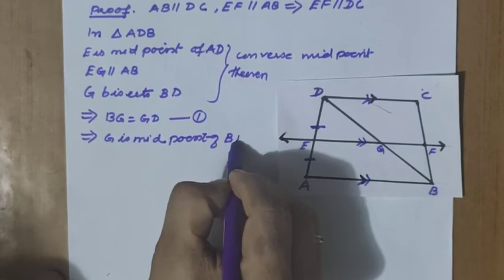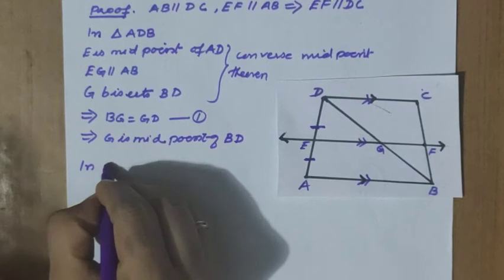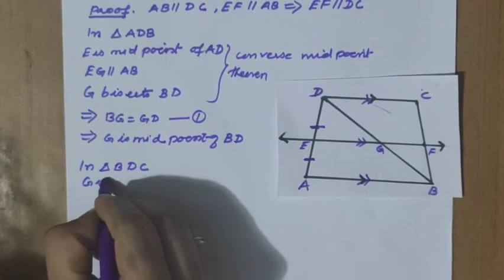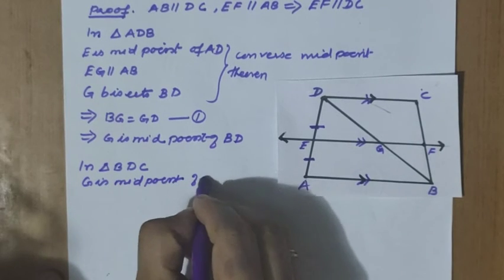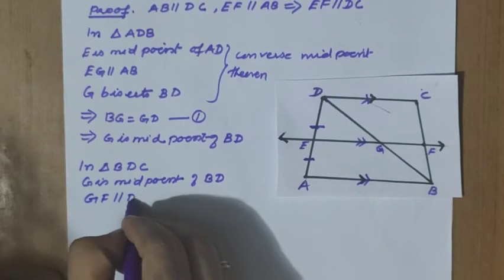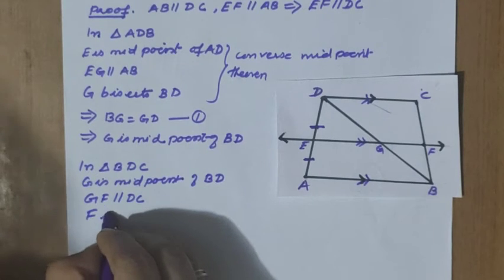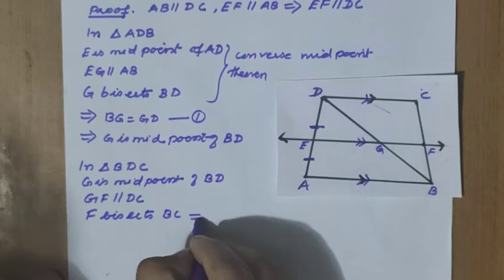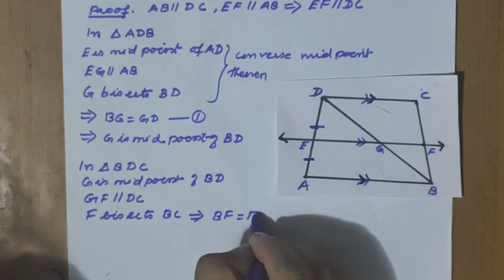So now the triangle name we are changing. Which is the triangle name we are taking? BDC. In triangle BDC, G is the midpoint of BD, GF parallel to DC, then F bisects the third side of the triangle, that is BC, implies BF equals FC.